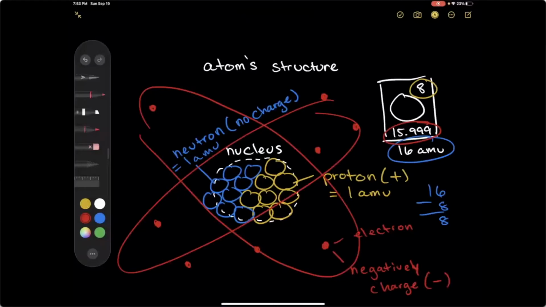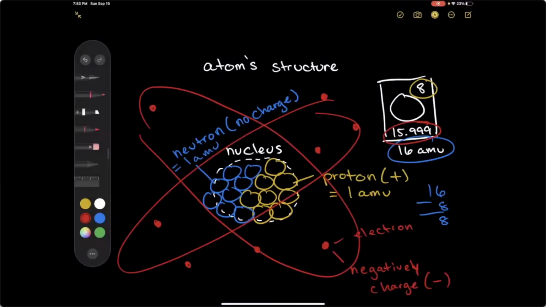If this nucleus were the size of a golf ball, then the closest electron would be about a mile away from that golf ball. So they are really, really far apart. That tells you a lot about the structure of an atom. It's mostly empty space.